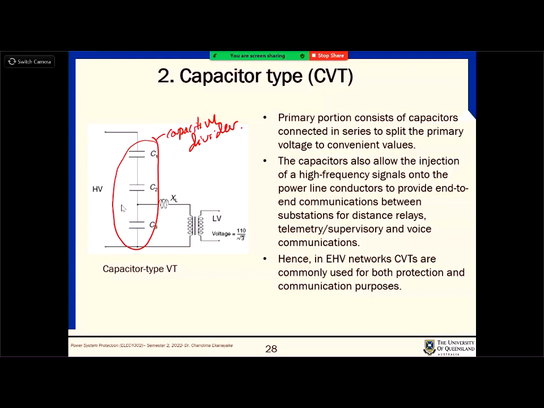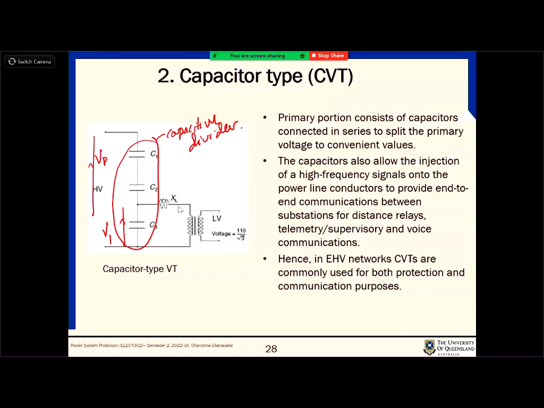What the divider is doing is reducing the voltage, let's say from V primary to V1. So it's reduced significantly. Therefore, the insulation level that is used in this transformer is now low.